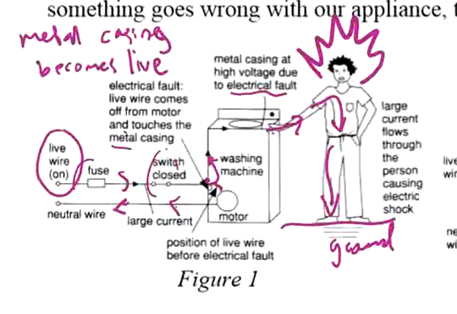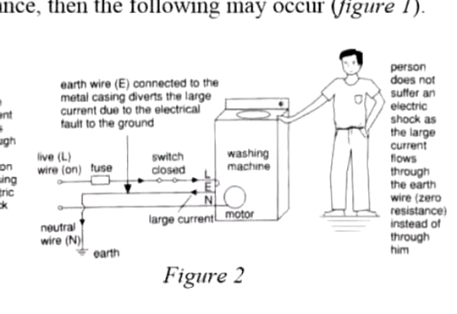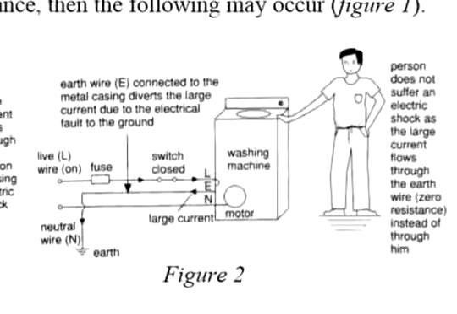So here there are 2 wires. What happens if we have one more wire? We call it the earth wire. The earth wire is one more wire, connected to the metal casing here, and then goes to the earth. So anytime the live wire touches the metal casing, the metal casing becomes live, and the current will go to the earth instead of going through the person's body.